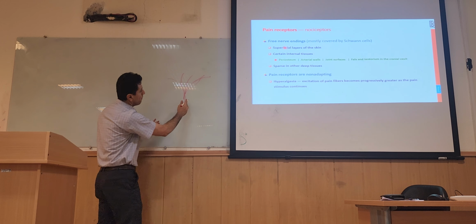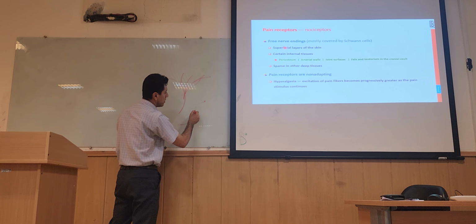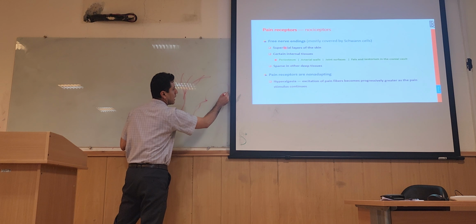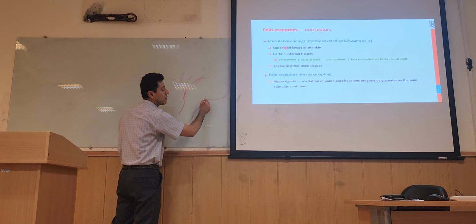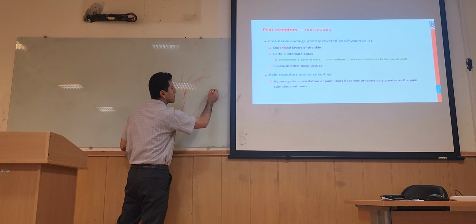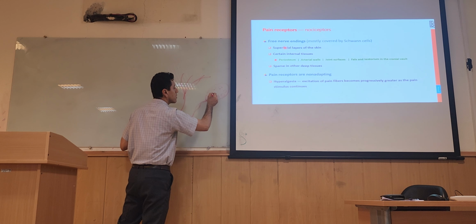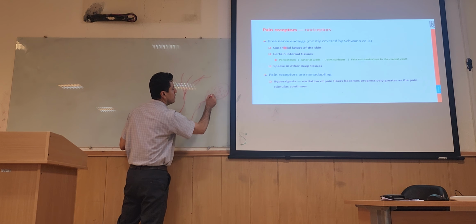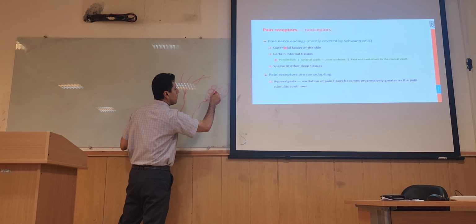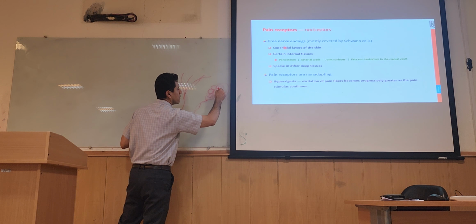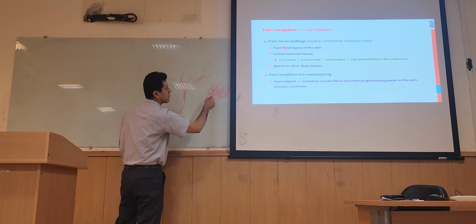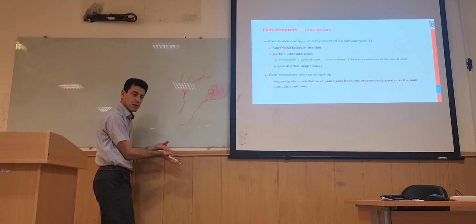But if we compare this with a Meissner corpuscle, it's like this. So there is something here. Inside the capsule, we have some Schwann cells, and between these Schwann cells, we have a nerve fiber that goes this way. So it's a Meissner corpuscle.